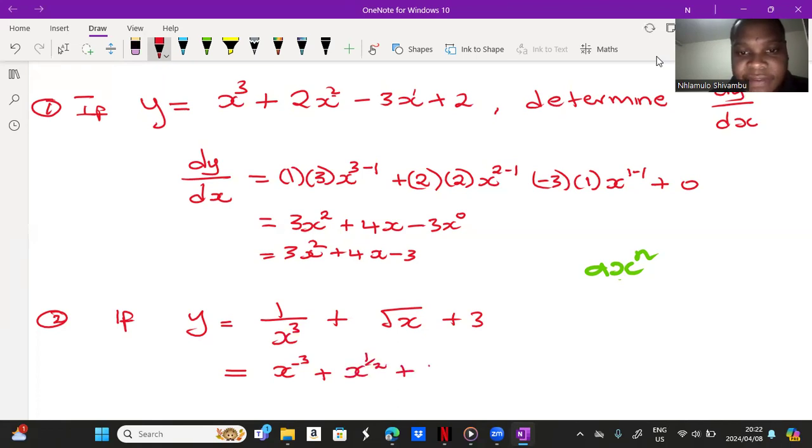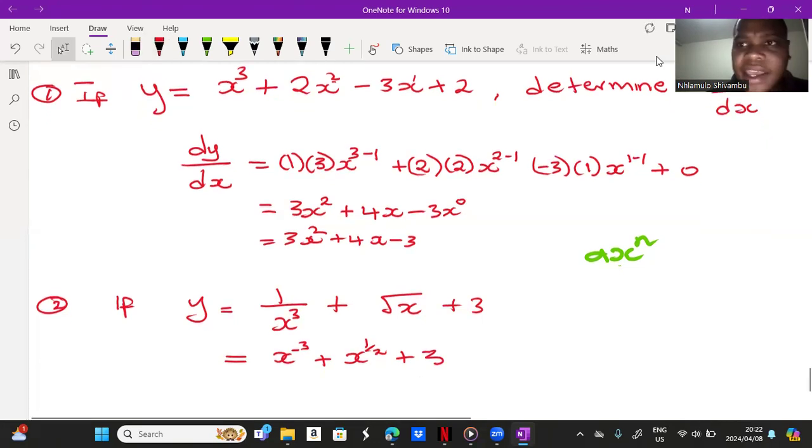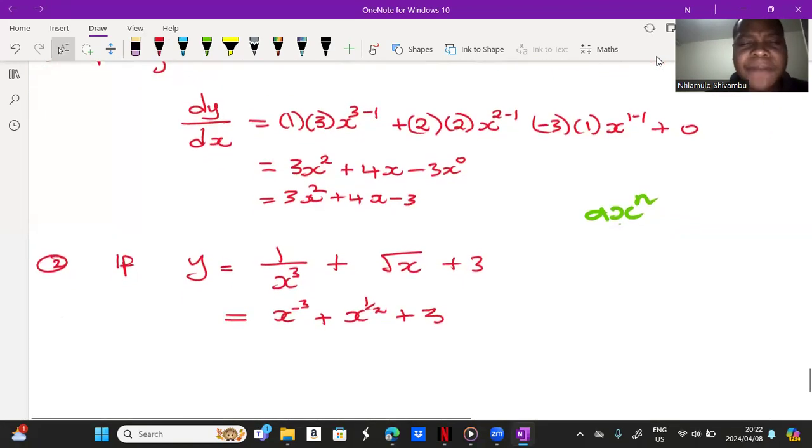And then the 3 is fine, it's a constant. So now we've got the function in its standard form. So make sure that your functions are always in standard form. Then from there, that is when you're going to determine dy over dx, which is the derivative.